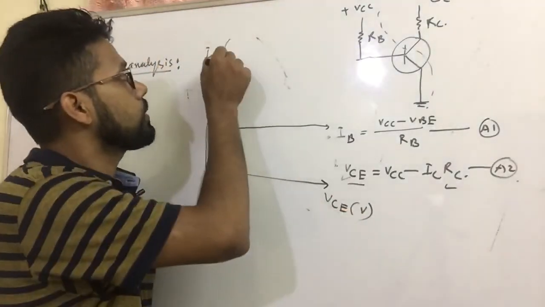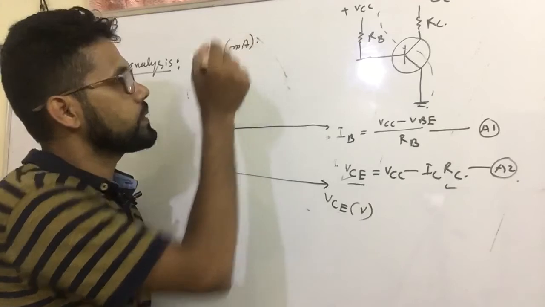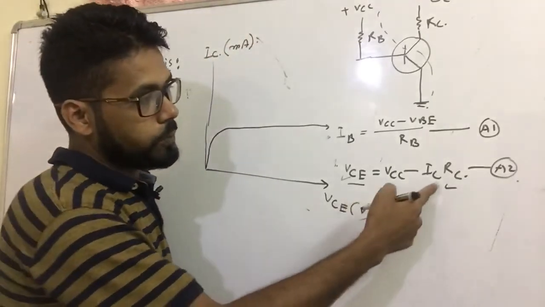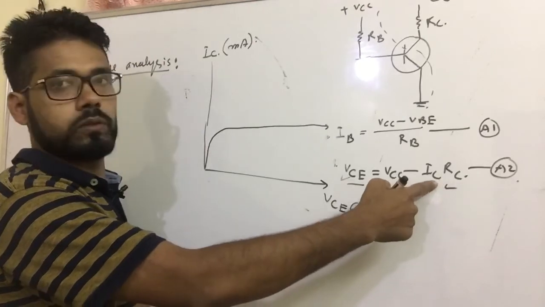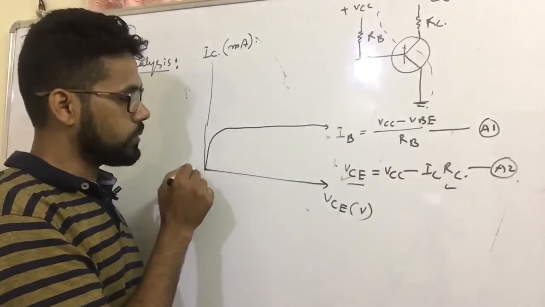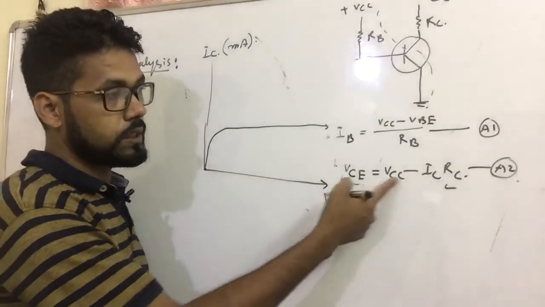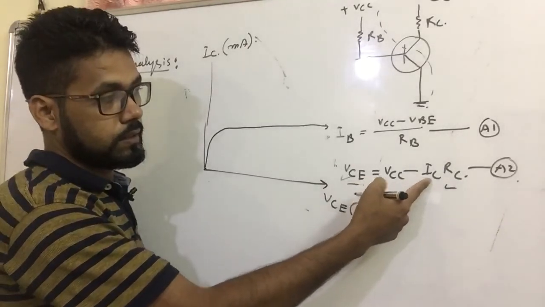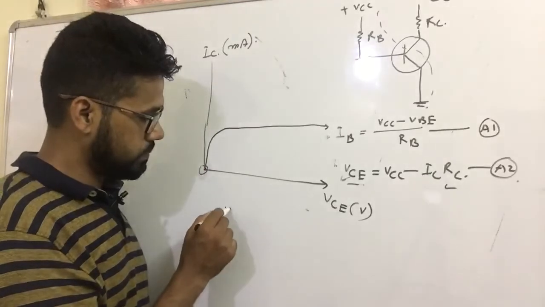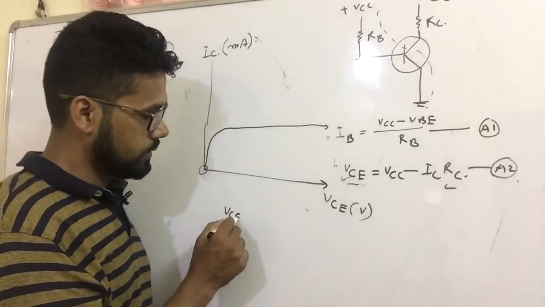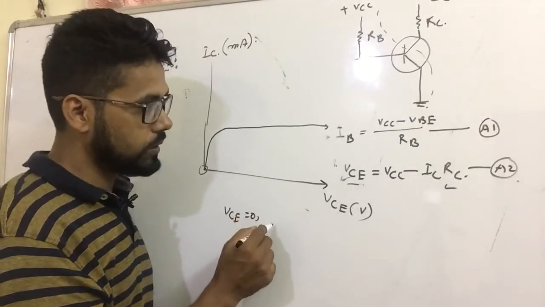Okay. This is normally milliampere. If we consider VCE equal to 0, at this point IC is what? At point A, VCE equal to 0, then what will we get?